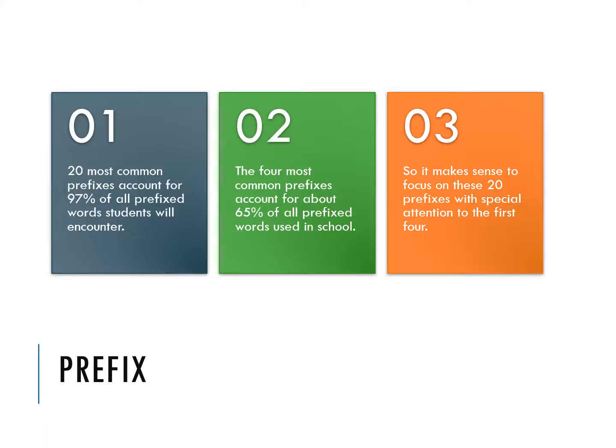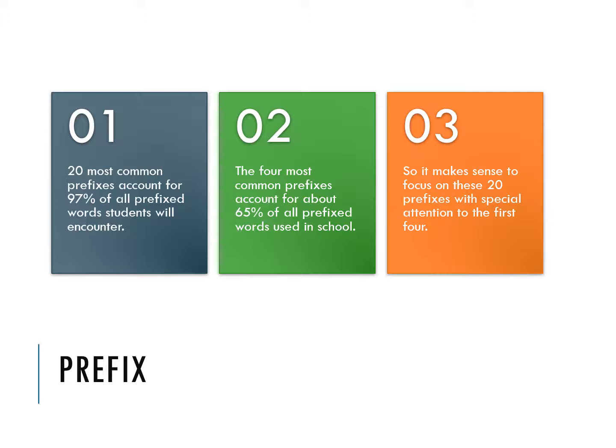In order to do morphemic analysis, students need to have some knowledge of root words, prefixes, and suffixes. And I'm briefly going to discuss instruction on each. So a prefix is a word or letter placed before another. The 20 most common prefixes account for 97% of all prefixed words students will encounter.